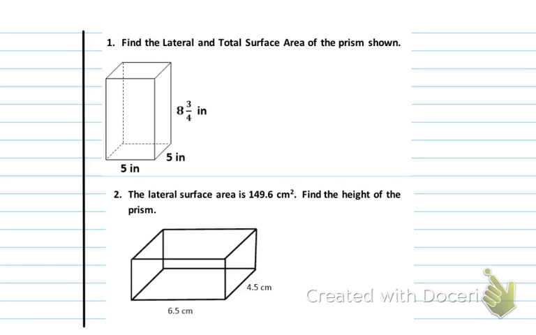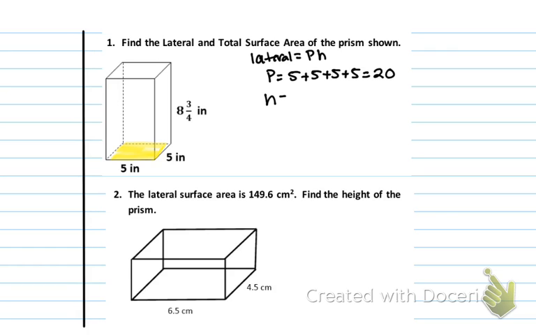So number 1, it says find the lateral and total surface area of the prism shown below. Okay, so our lateral is always equal to capital P times H, where P is going to be our perimeter of the base. So our perimeter is 5 plus 5 plus 5 plus 5, which is 20.